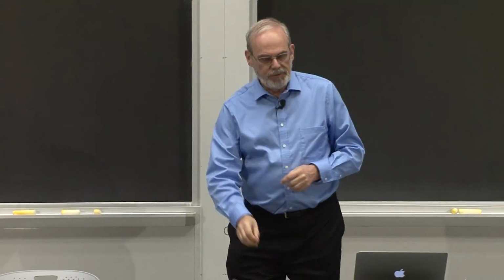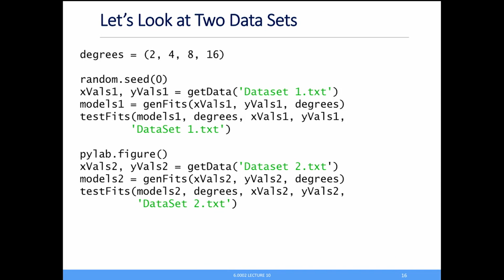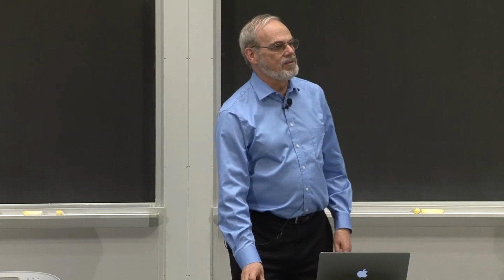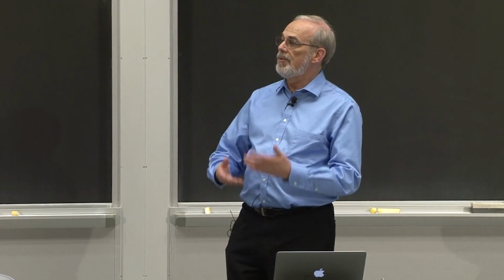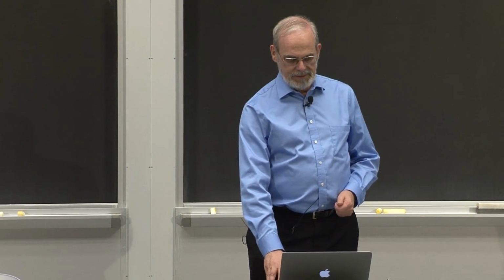I'm going to give 4 different degrees. Order 2, order 4, order 8, order 16. And I've generated 2 different data sets using exactly that code. Just ran it twice. It's going to have slightly different values because the noise is going to be different in each case, but they're both coming from that y equals 3x squared equation.